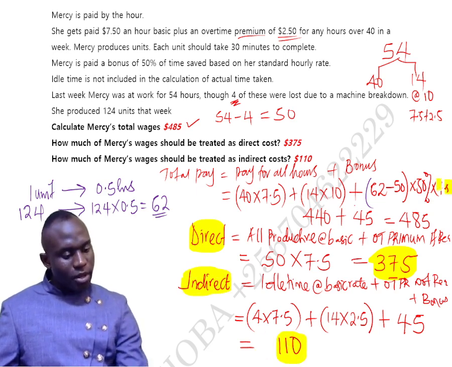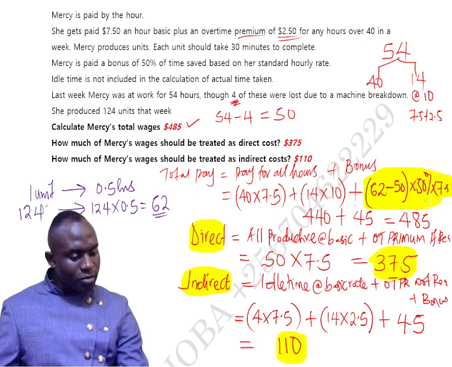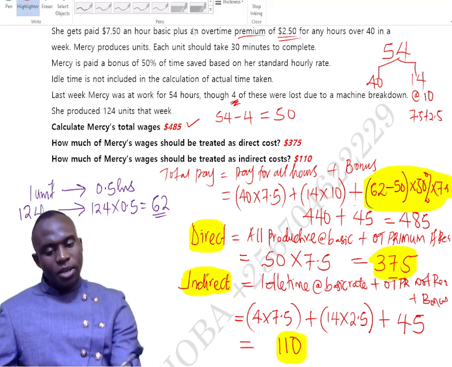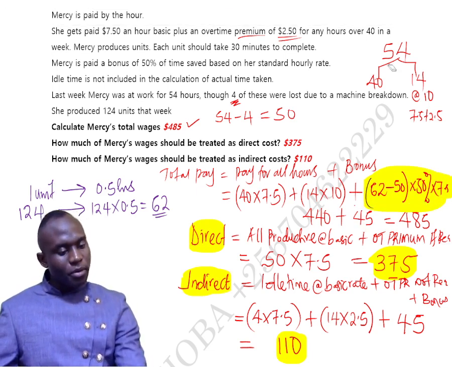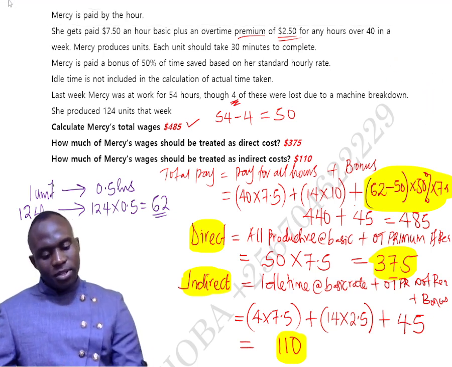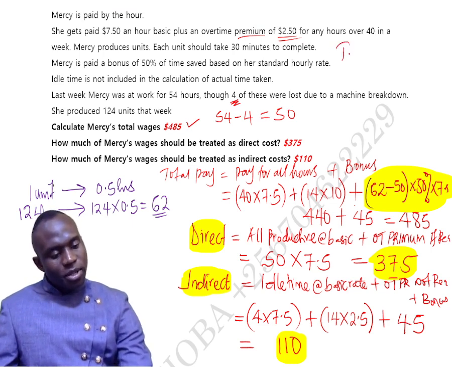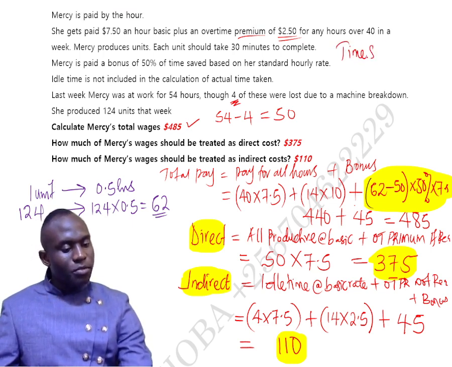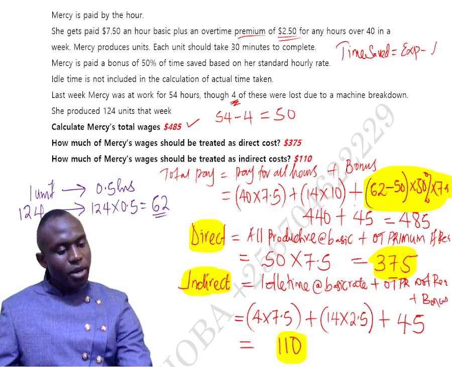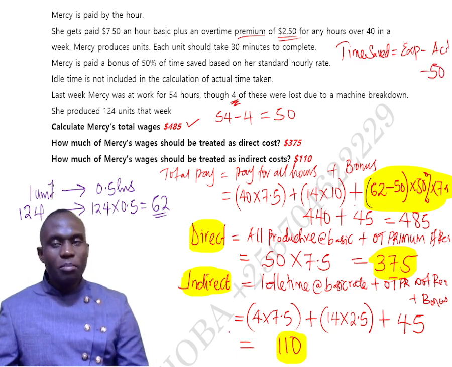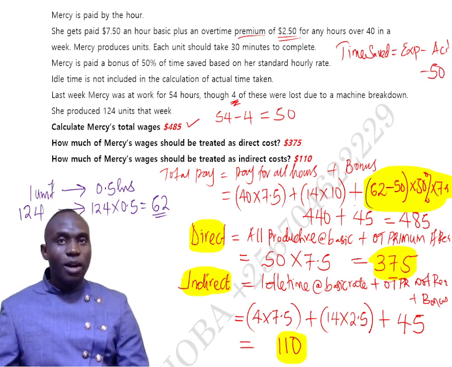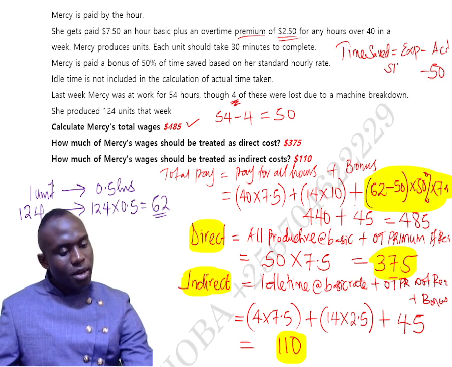So be careful, the tricky part is the calculation of the bonus. We said bonus is calculated on time saved. And what is time saved? I'm just repeating for you, time saved is expected minus actual. The person actively worked for 50 hours, but what was the expected? Expected is standard time per unit times actual units.